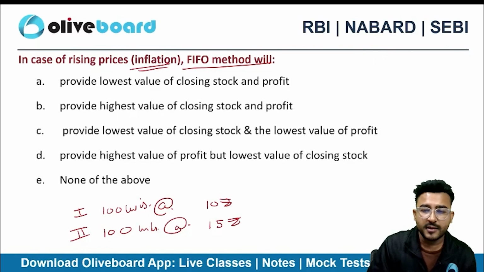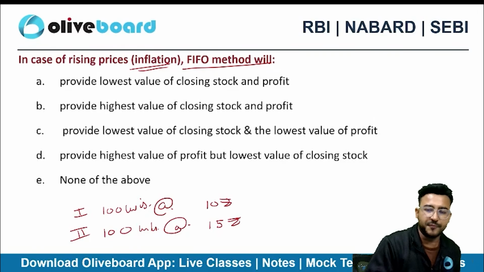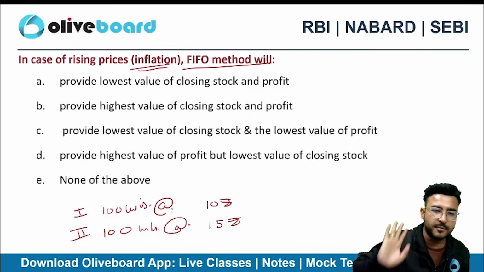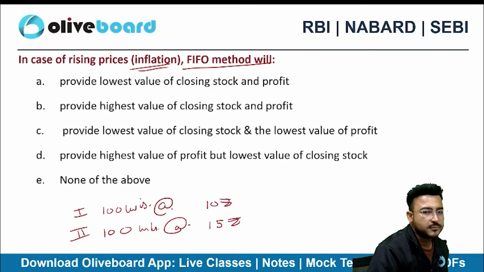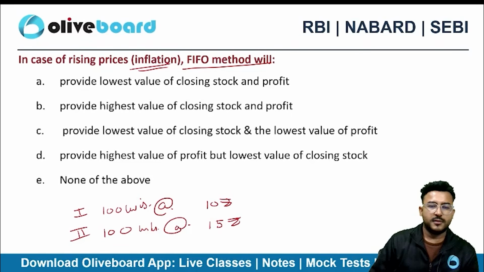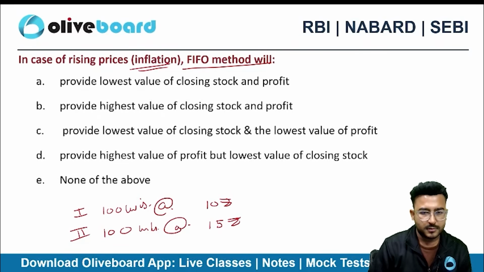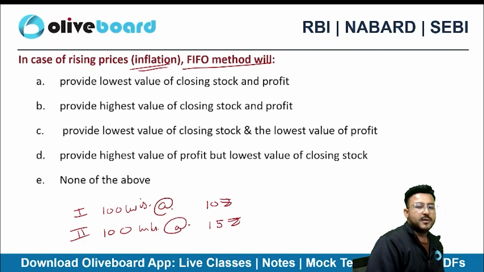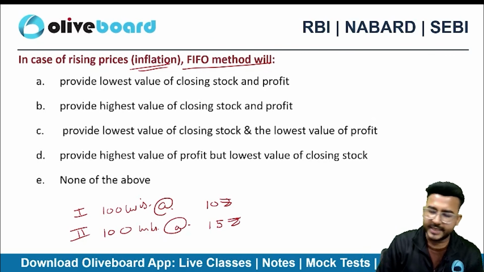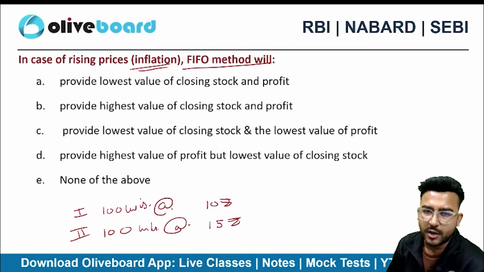Just tell me from which lot you will be having your closing stock as per FIFO. Lot number 1 or lot number 2? Yes, we'll be having closing stock from lot number 2.